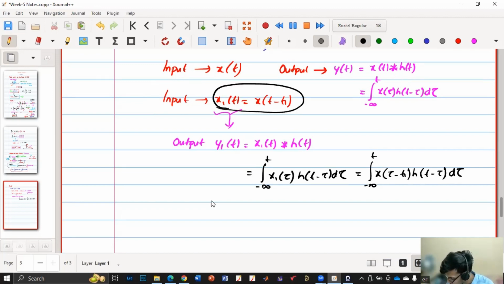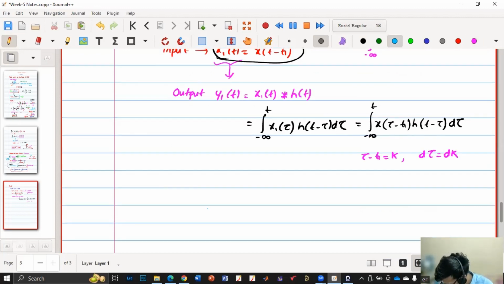Now what I'll do, I'll consider tau minus t1 to be k. So if tau minus t1 is equal to k, d tau is equal to dk, right? And what will this equation be? Integral, if k is tau minus t1, the lower limit will still be minus infinity and the upper limit will be what?